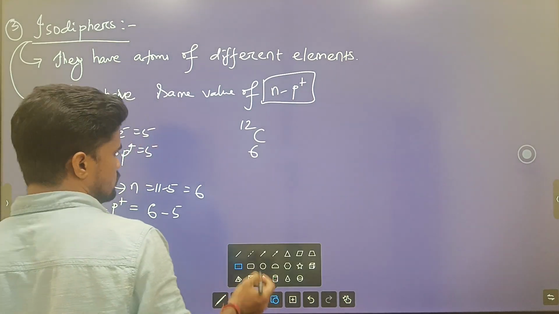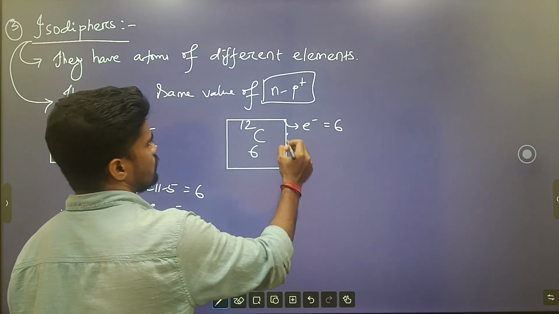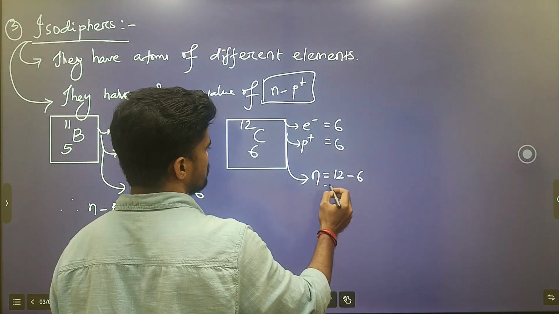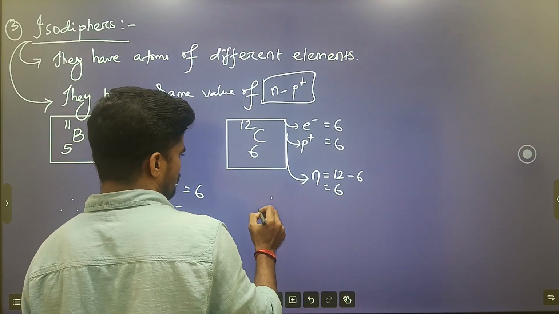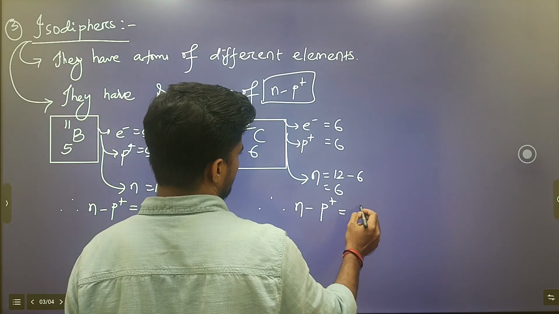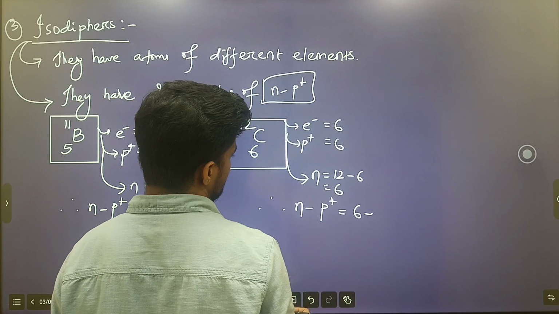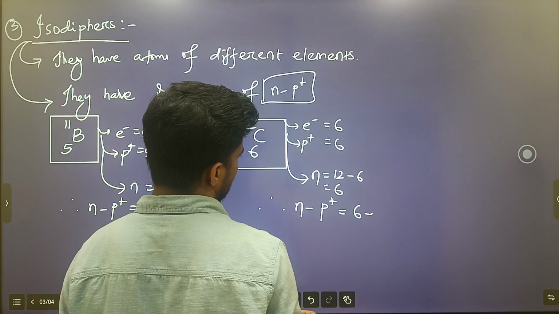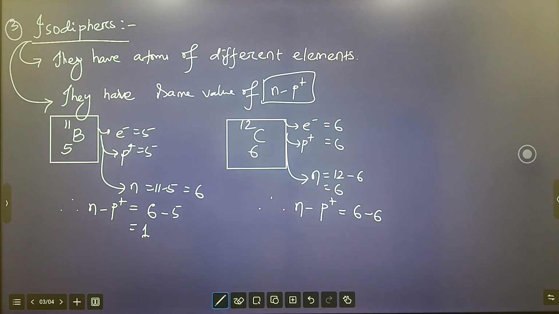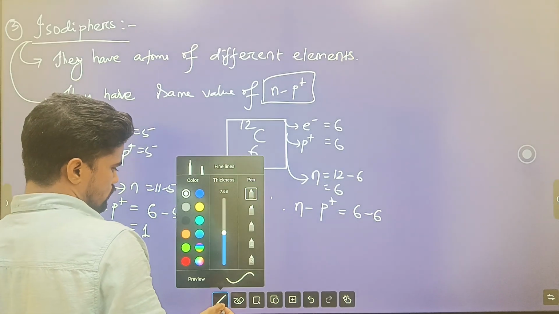But in this case, let's check. Electrons are 6, protons 6. What are the neutrons? 12 minus 6 equal 6. Therefore the difference in the number of neutrons and protons equals 6 minus 6.